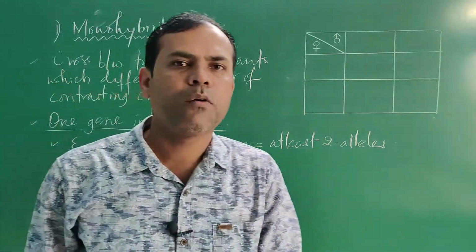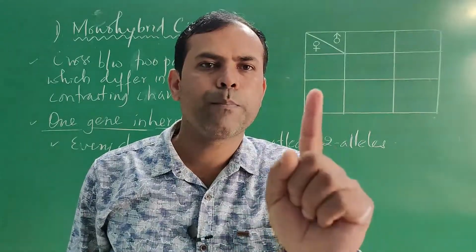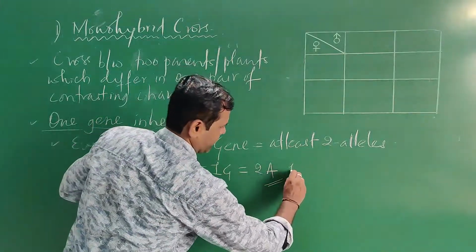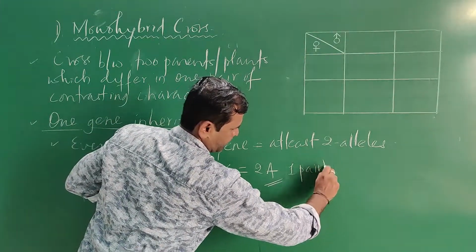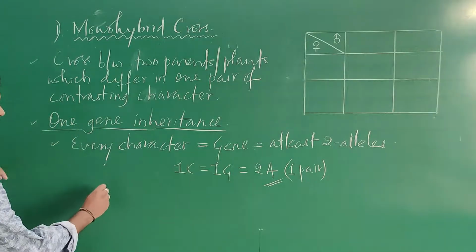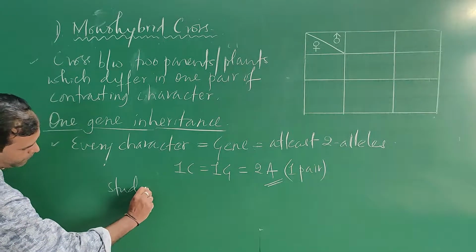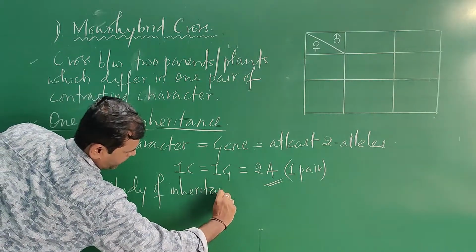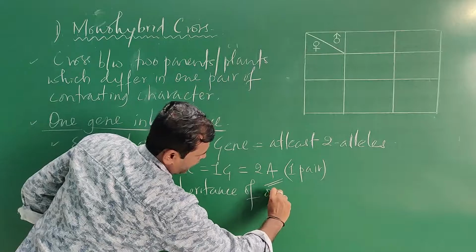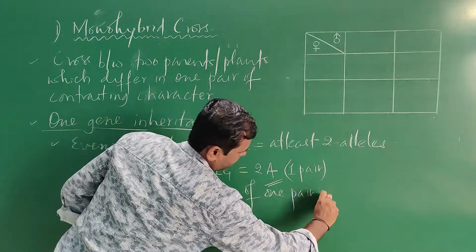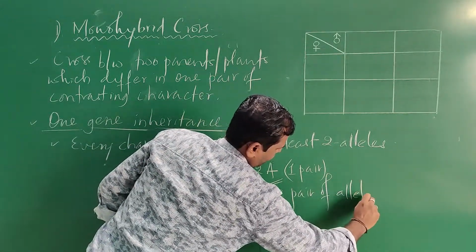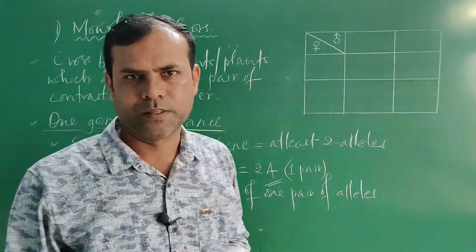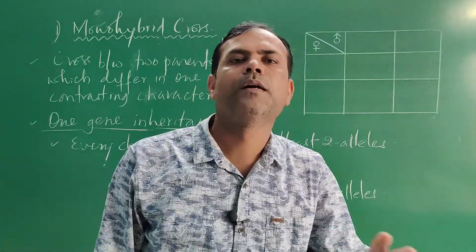And the study of inheritance of one pair of allele, because these are two alleles, means one pair, is called as one gene inheritance. So both the definitions I hope are clear.